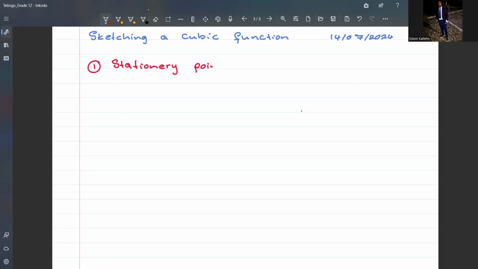That's the first thing that you would determine, like I mentioned in class. Number two, you would need x-intercepts. Number three, you would need the y-intercept.